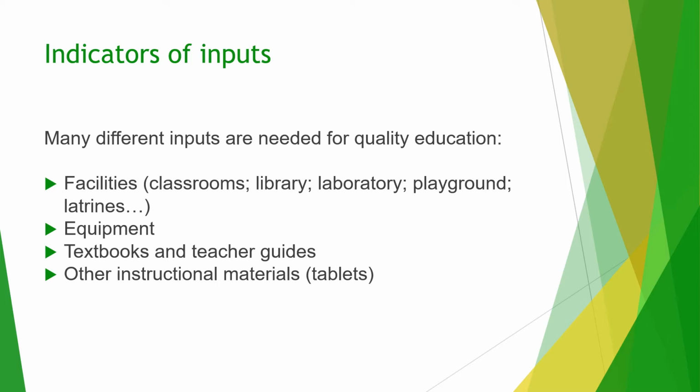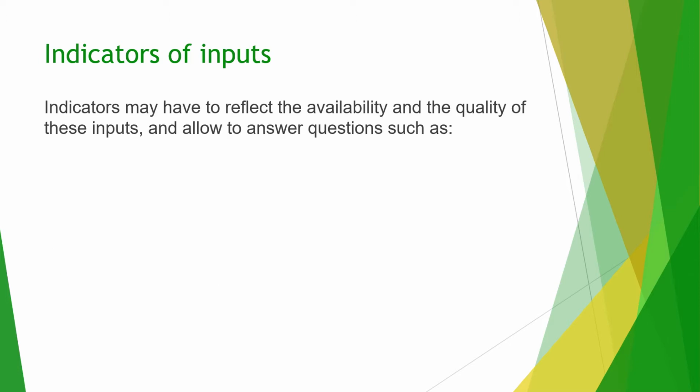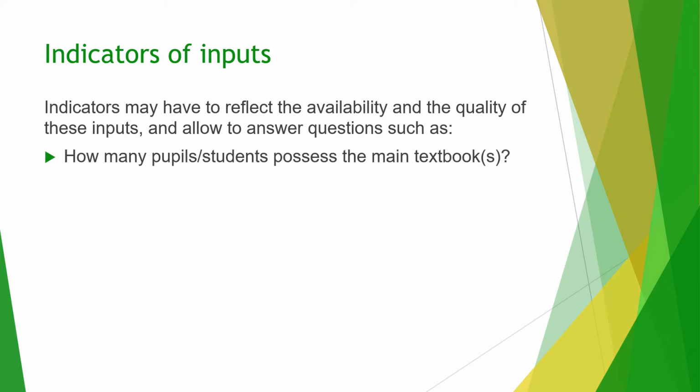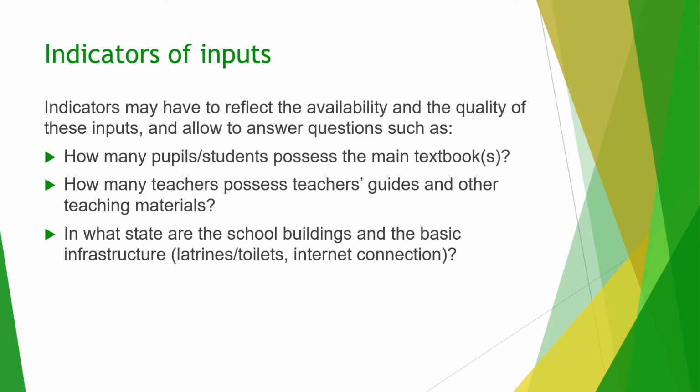Now, the indicators that we will develop to assess the quality of inputs will look both at the availability and at the quality. And these indicators will allow us to answer a wide range of questions. I just list a few here. How many pupils or students possess the main textbooks could be a question that we want to address. How many teachers possess teachers' guides or the teaching material?